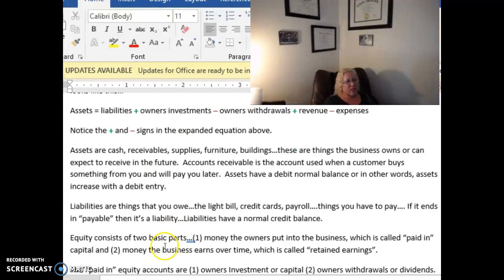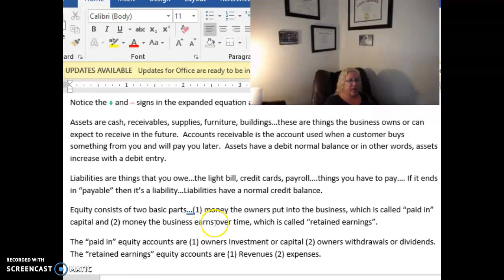Equity consists of two basic parts. It's either money that owners put into the business, which we call paid in capital, they paid it in, and then money that the business earns over time, and we call that retained earnings.